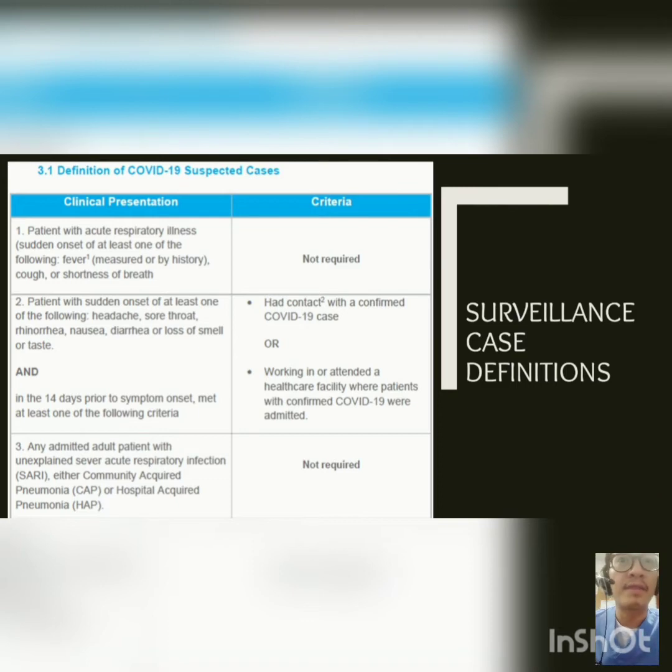The third clinical presentation is any admitted adult patient with an unexplained severe acute respiratory infection or SARI, either community-acquired pneumonia or hospital-acquired pneumonia. So that's the last clinical presentation, and it has no required criteria. As long as the patient is presenting or exhibiting those kinds of case, then he or she is considered to be a suspected case of COVID-19.